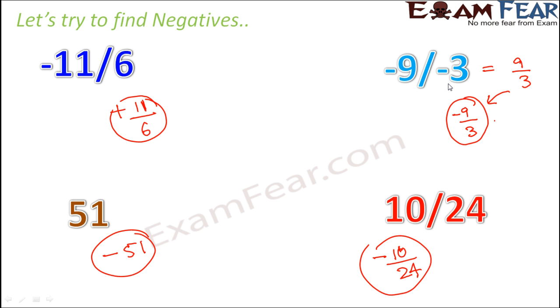Now this is important because many times you might think that okay, minus 9 by minus 3, I'll just change the sign and say that the negative of minus 9 by minus 3 is 9 by 3. But that is incorrect because minus 9 by minus 3 is nothing but 9 by 3 because this minus and minus will cancel out. And negative of 9 by 3 is minus 9 by 3.